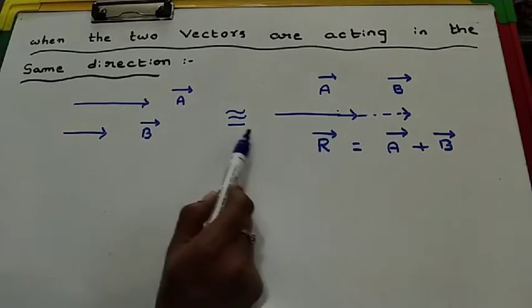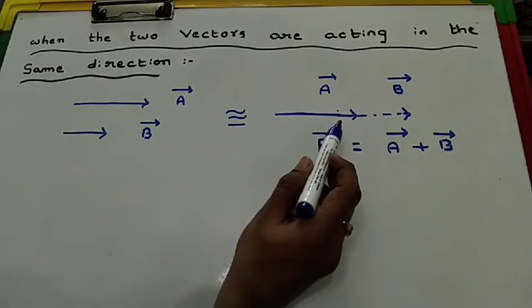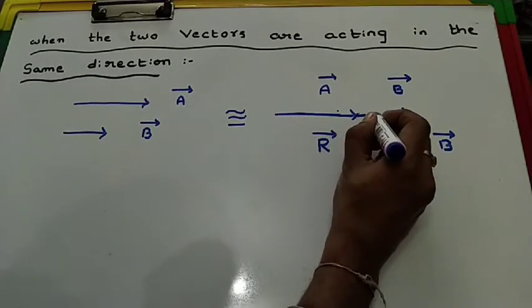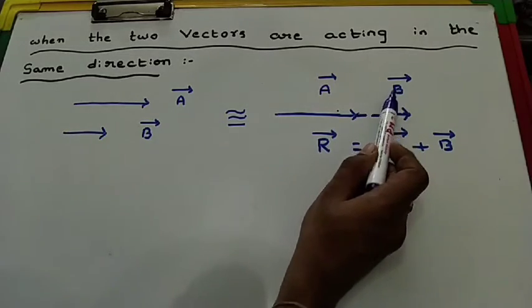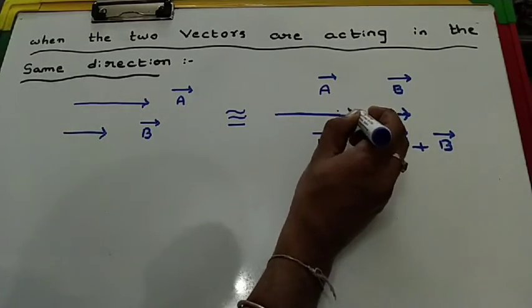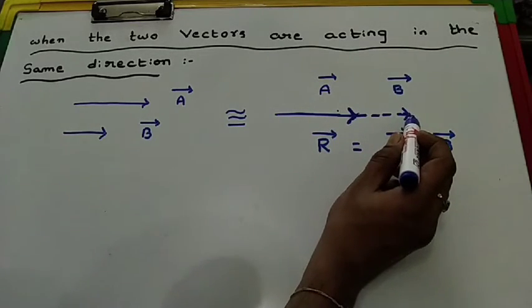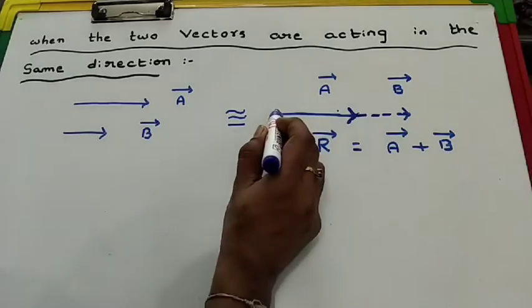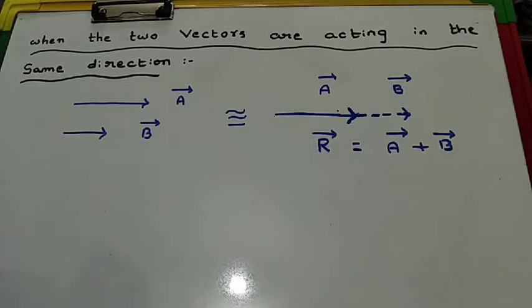Now the B is added to A. That means the tail of B is associated with the head of A. As a result, finally we will get the head of B. So from here to here is B, here to here is A. The resultant R is equal to A plus B.